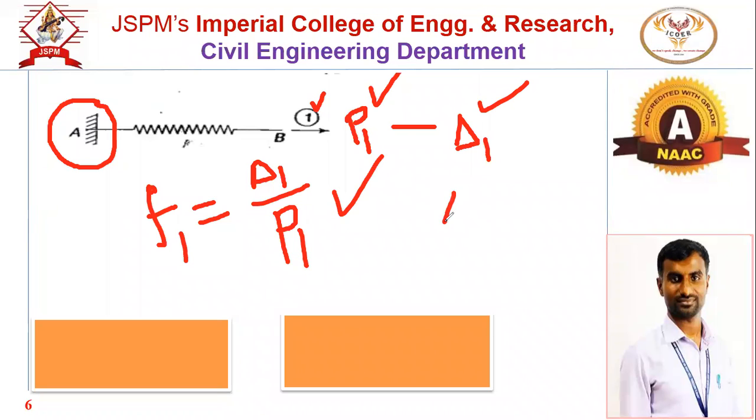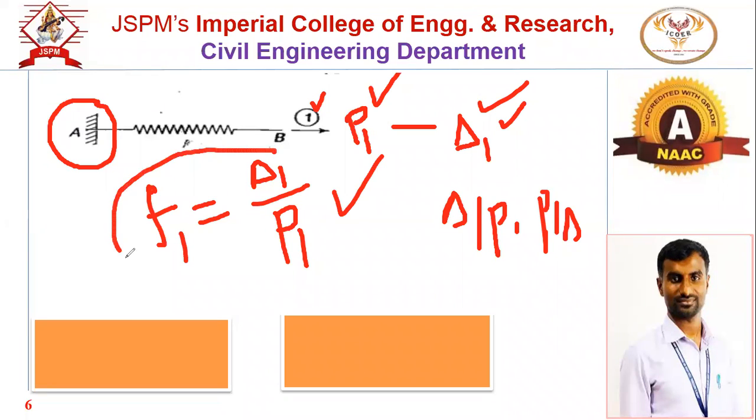So in general, delta by P is the flexibility, and P by delta is the stiffness. In this case, delta 1 is the displacement and P1 is the force. So delta 1 by P1 is the flexibility for this particular spring at point 1.